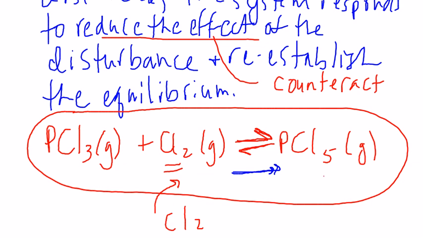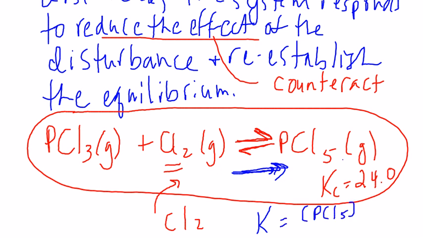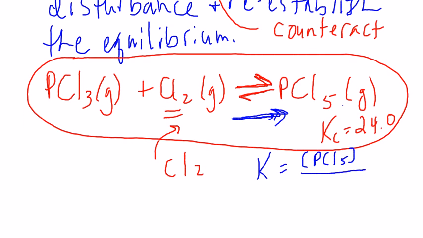And let's say that Kc was already established at 24. So what that means is the system produces more PCl5, right? Because Kc is PCl5 concentration over PCl3 concentration times the Cl2 concentration.